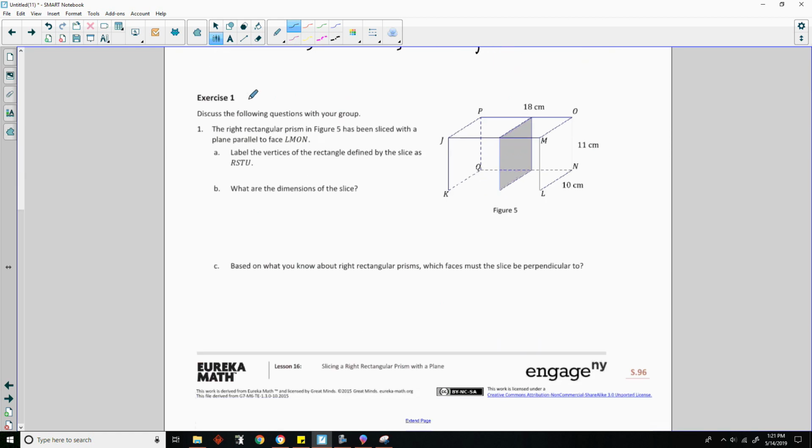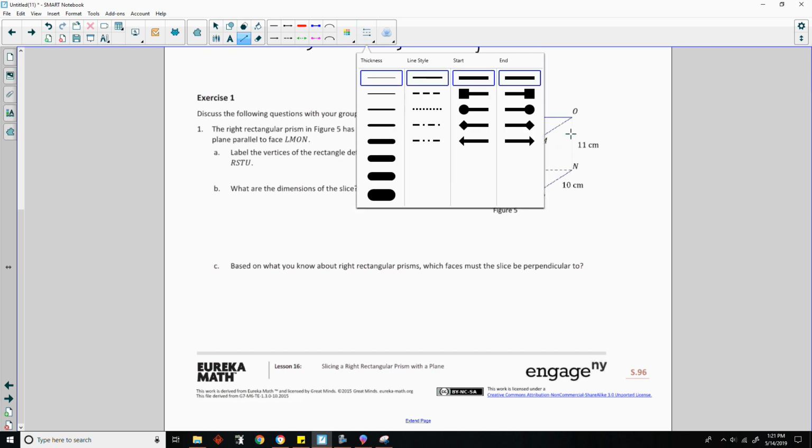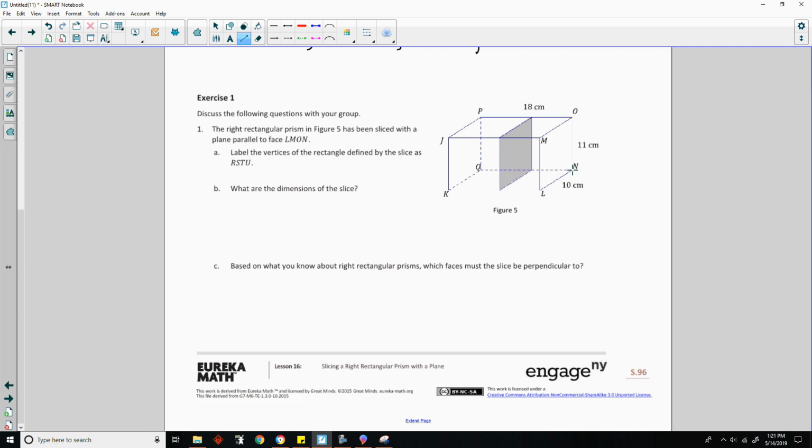Exercise 1 says, discuss the following questions with your group. The right rectangular prism in figure 5 has been sliced with a plane parallel to face LMON. So this is parallel to this side over here, LMON.